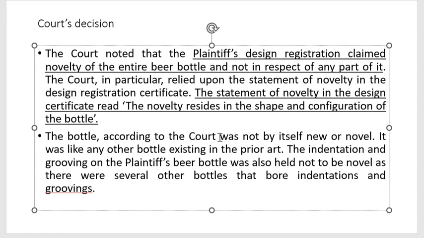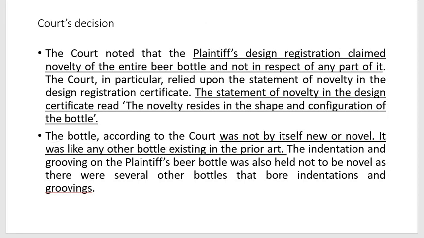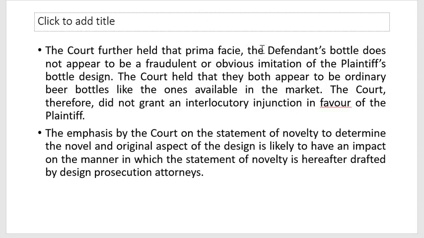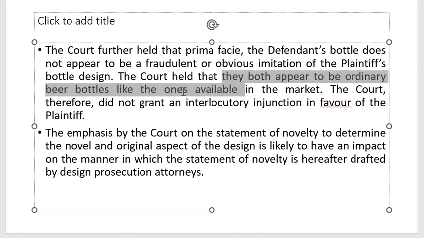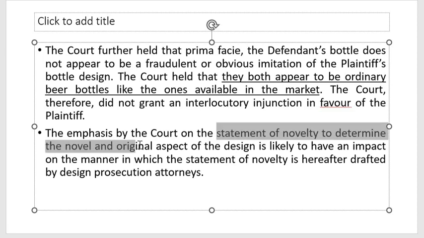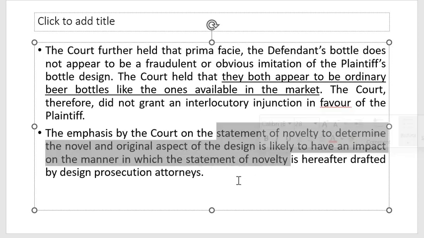So the court said that this bottle is in itself not new and original. It is just like other bottles available in prior art, so no protection. Then the court said the defendant's bottle does not appear to be a fraudulent or obvious imitation. They both appear to be ordinary bottles, like ones available in the market. That's all. So the emphasis was on the statement of novelty to determine the novelty and original aspect of the design, which I told you earlier.